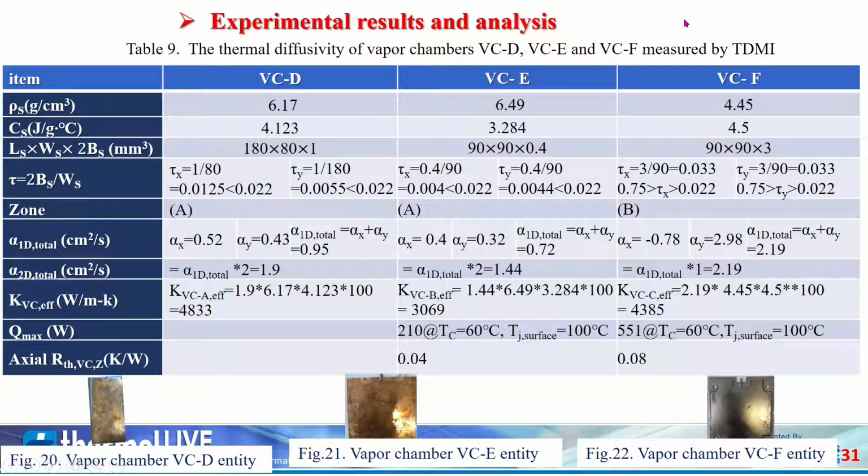Table 9 shows another thermal diffusivity of vapor chambers D, E, F measured in TDMI. Converting to thermal conductivity, the case of VCD is equal to 4800, the case of VCE is equal to 3000, and the case of VCF is 4300.